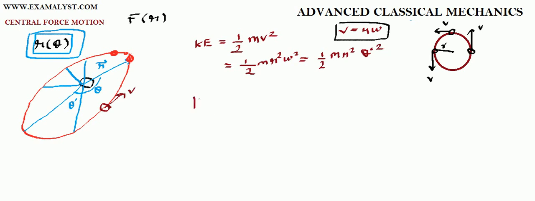However, there is one more kinetic energy that you have to understand, and that is very subtle. Now, there is a motion along the radius. Whenever there is a motion, there is an energy that creates the motion. In this case, the motion is towards the radius.